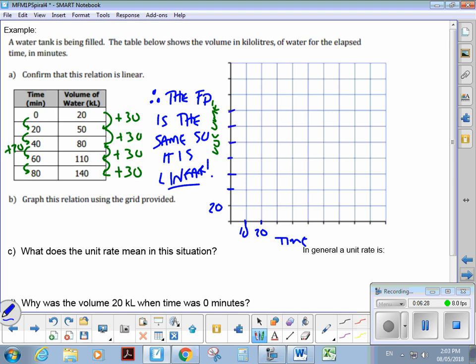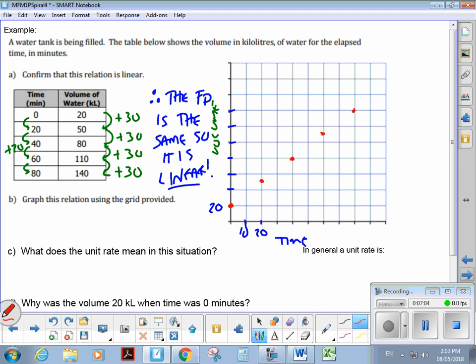Perfect. All right. So plotting my points. Here's some red. So 0, 20, and so on through the rest of the table values.